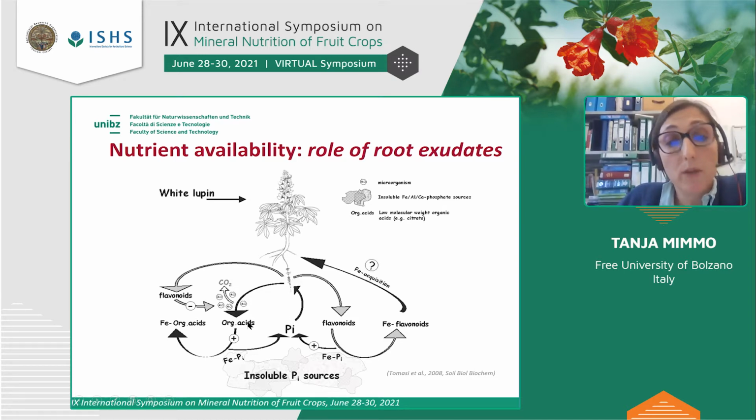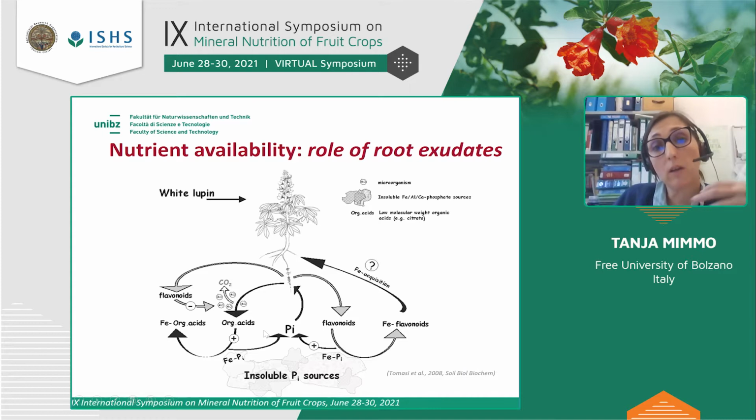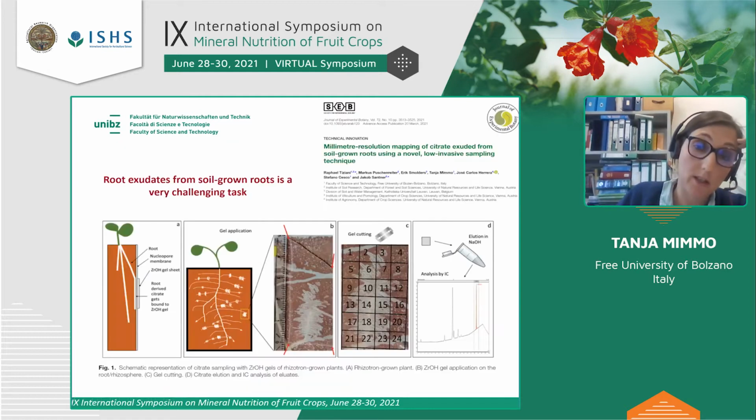But measuring those root exudates is quite a challenging task, especially in soil-grown plants. Why is this so challenging? First of all, they are readily degraded by microorganisms. They are adsorbed onto the soil particles. So finding an appropriate method to measure and determine these exudates is quite a challenging task, especially in soil-grown plants, as I just said.